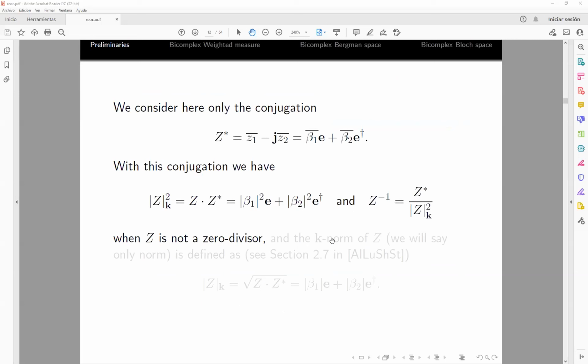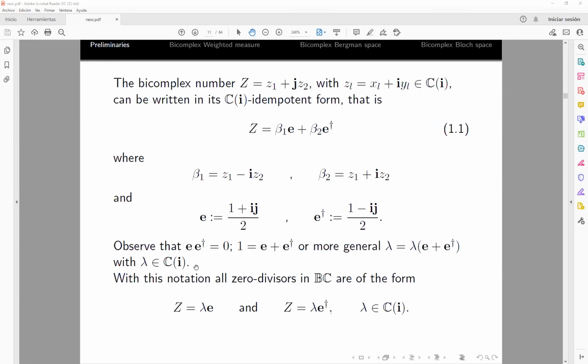In particular, we can observe that the product e times e dagger is equal to 0. And we can represent any usual complex number lambda by lambda times (e plus e dagger). This is a very important representation for bicomplex numbers, and it is called the idempotent form.